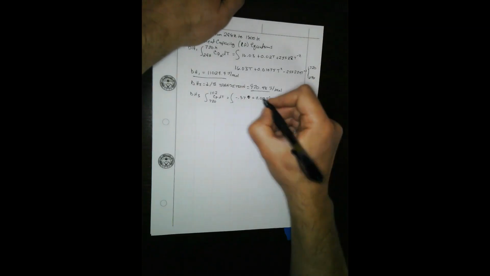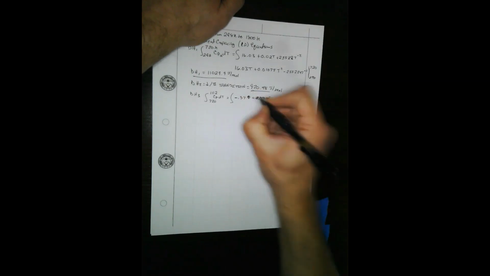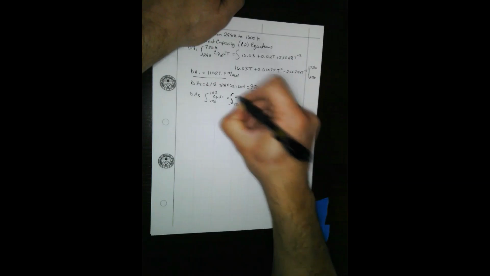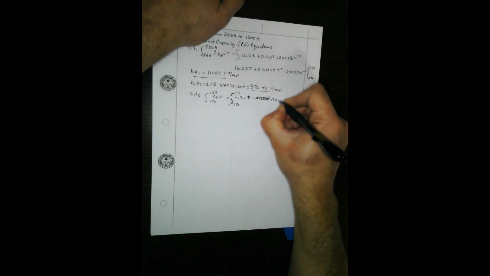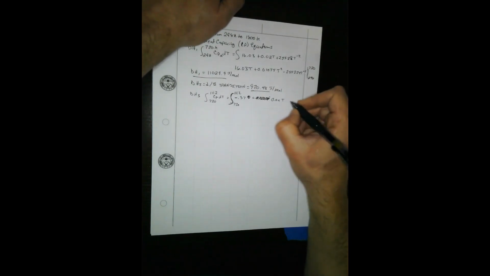That's not there, so it's the integral of this equation: negative 0.37 plus 0.04 T, and that's it.